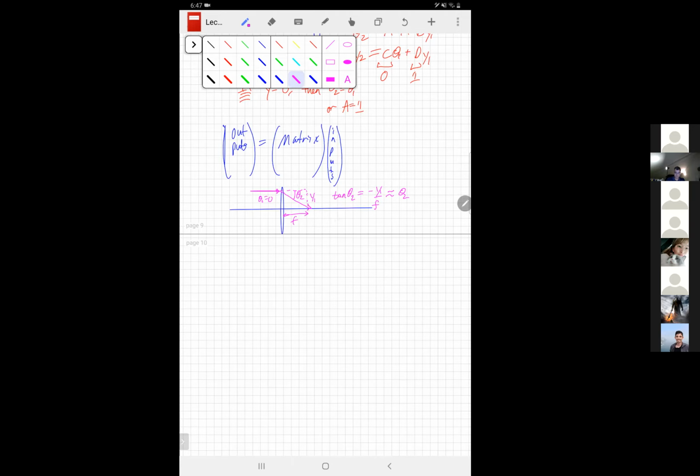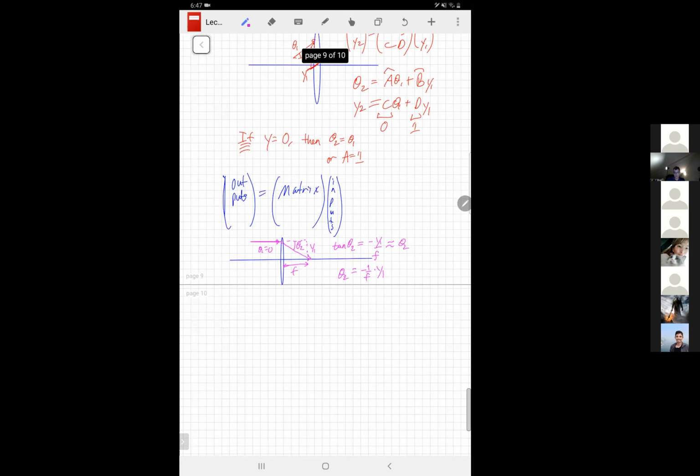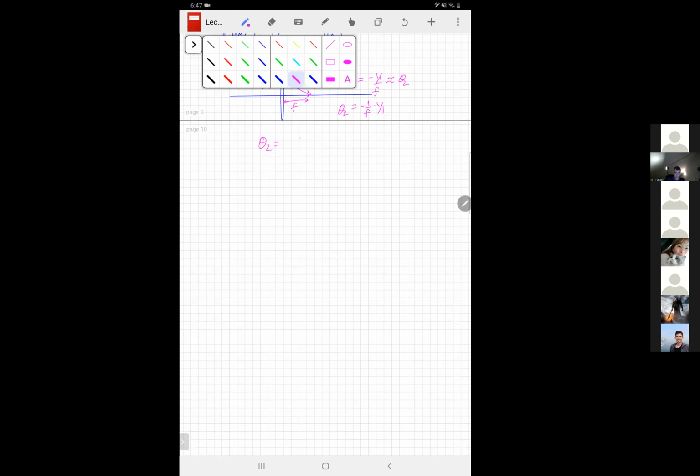Which means that theta 2, in this case, if theta 1 is 0, we're just looking at the relationship between theta 2 and y1, it would be minus 1 over f times y1. And conversely, if y1 were 0, theta 2 would just be equal to theta 1.